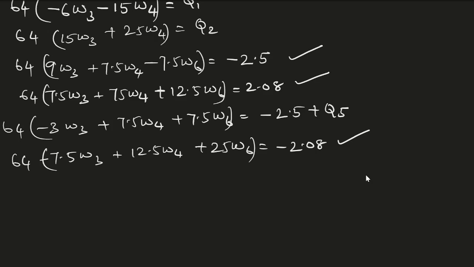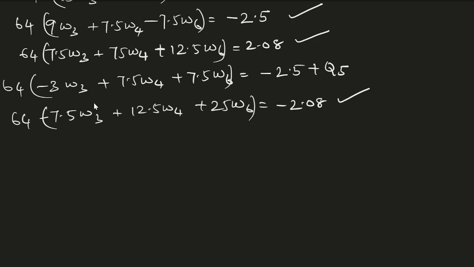So if we solve this, we'll get the values for W3, W4 and W6, because in these 3 equations the unknowns are W3, W4 and W6. So W3 gives me minus 1.156 into 10 power minus 2 mm.